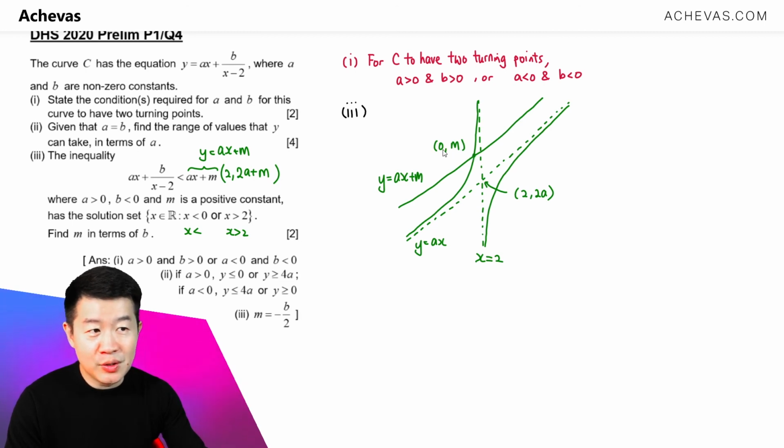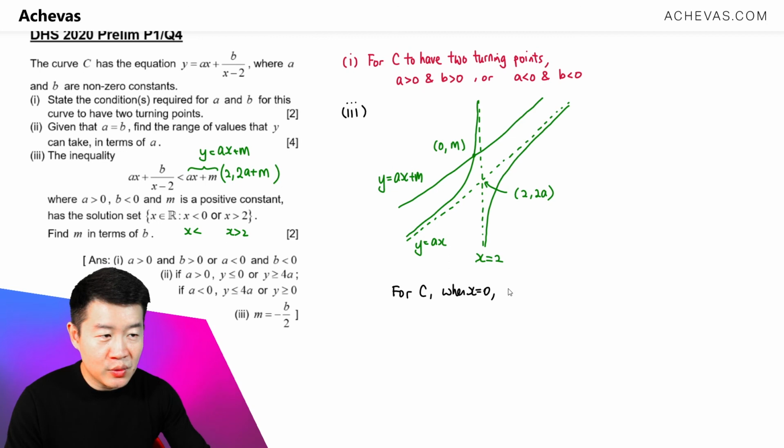We can actually substitute 0 not just into this, but also this. So let me try to do a bit of working here. So for curve C, if I were to let x be equal to 0, the y coordinate is going to be a times 0 plus b over 0 minus 2, which is minus b over 2.